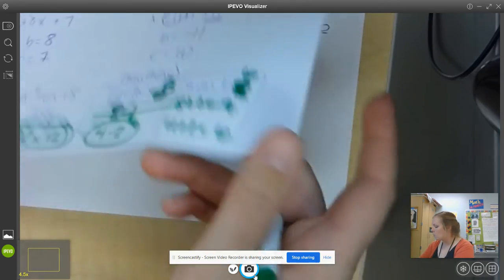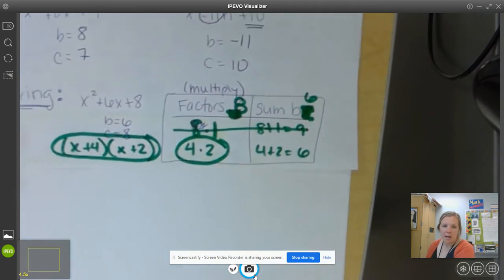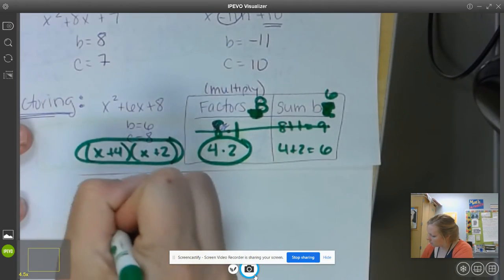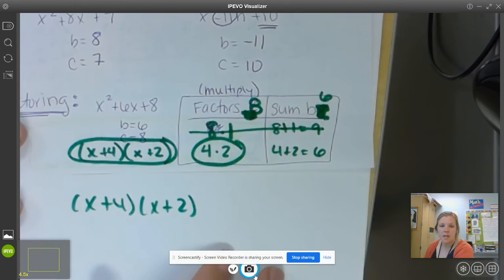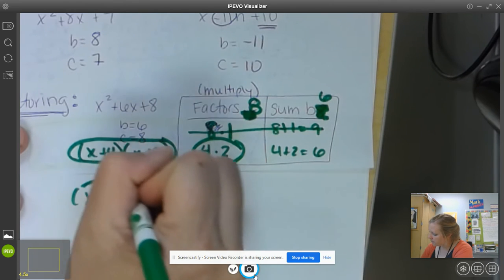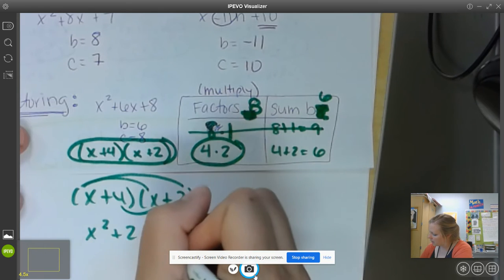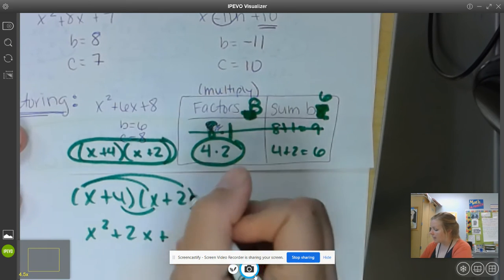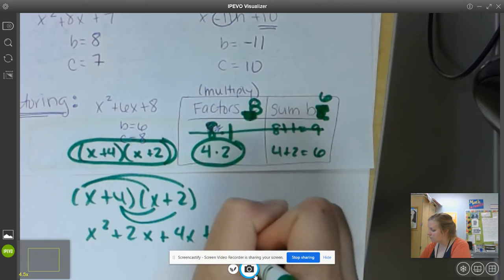I can always, always, always check my work. So if I want to check my work, X plus 4 times X plus 2. If I do my firsts, that's X squared. My outers are 2X, my inners are 4X, and my lasts give me 8.